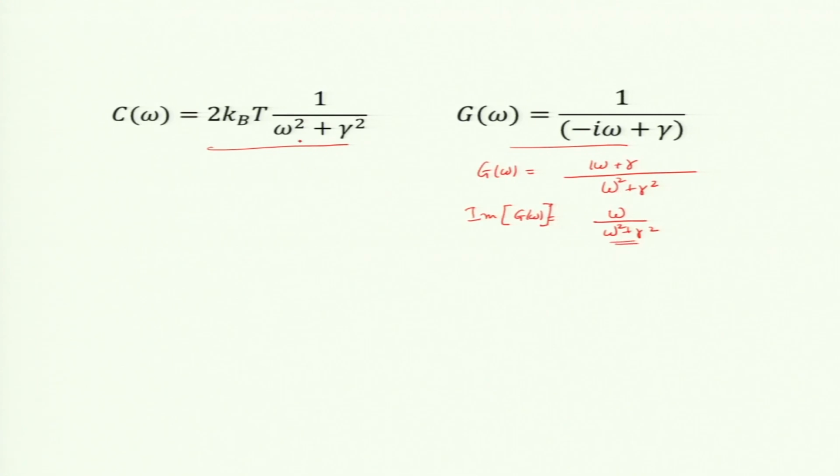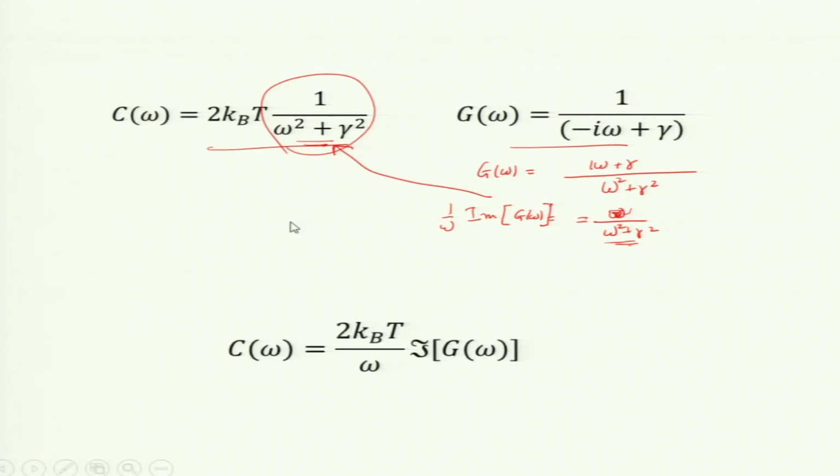So, the denominator is the same as this one. I divide 1 by omega, I get this. So, for this I am going to replace that. I get 2 kBT imaginary part of G of omega. There is an omega coming here, one omega is sitting below.